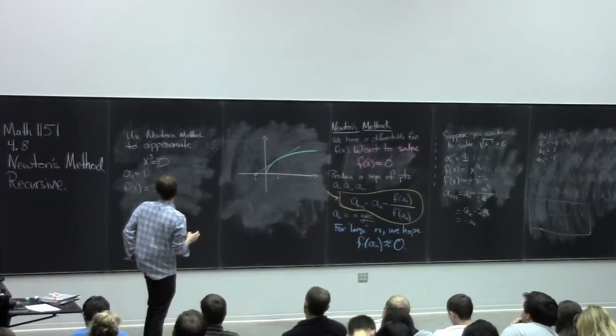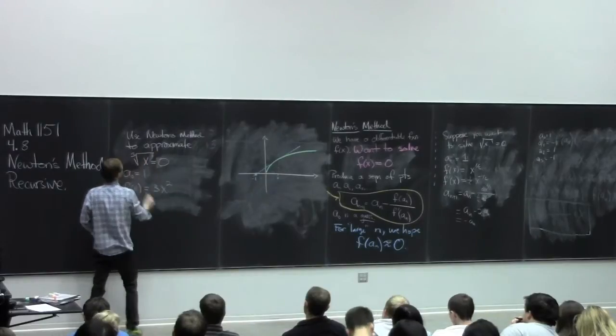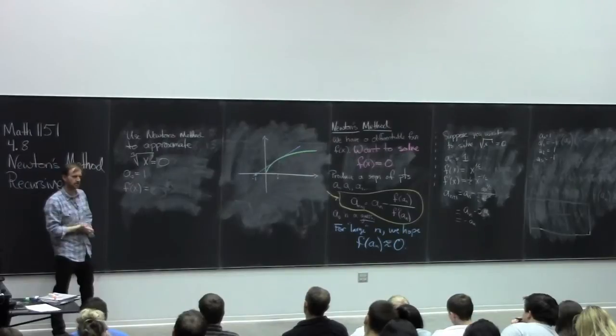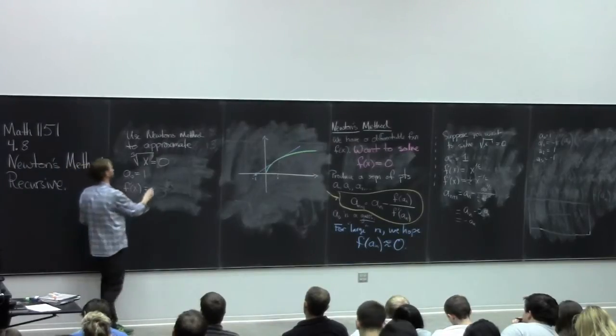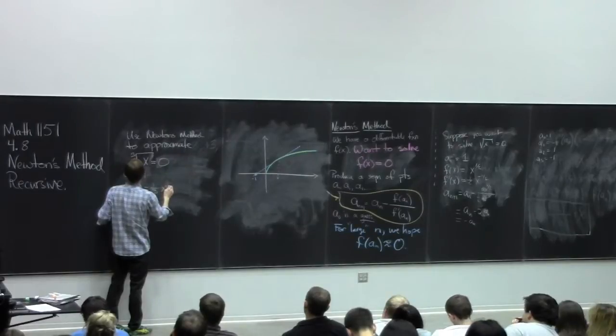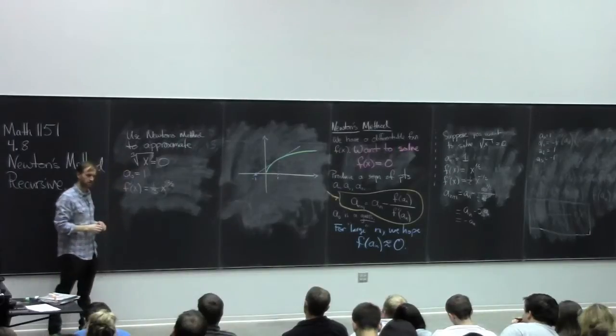No. Yikes. I'm sorry. I want to solve the cube root of x equals 0. So f prime of x is equal to what? 1/3 x to the minus 2/3. Right?